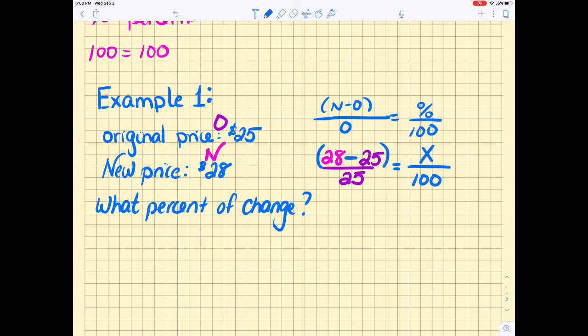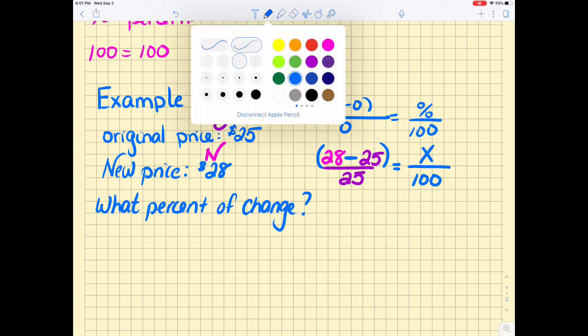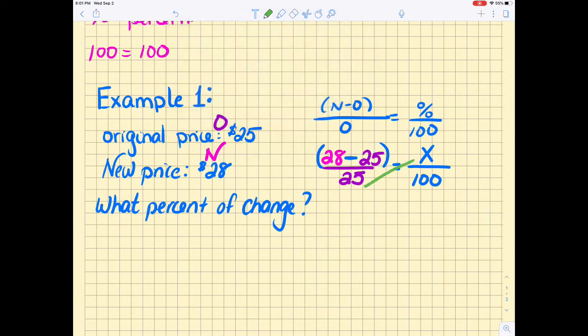Okay? So now we have a fraction equal to a fraction, which means we can use the cross product, or we can cross multiply. So we're going to cross multiply here, and that's going to give us 25x. And over here, we're going to go 100 times the quantity 28 minus 25. Now here's the deal.